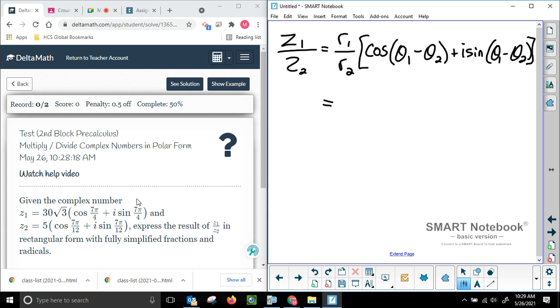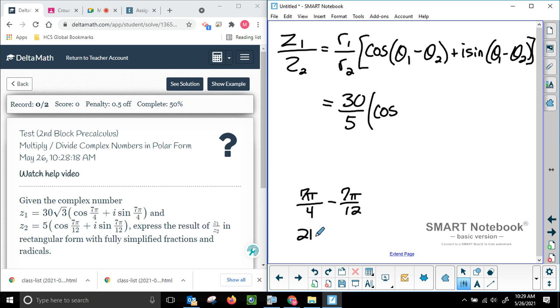All right, so with our specific case here, I'm going to do 30 divided by 5, times the cosine of, and off to the side, we can just say, okay, well, 7 pi over 4 minus 7 pi over 12, so we're going to need to find a common denominator here, which will be 12.